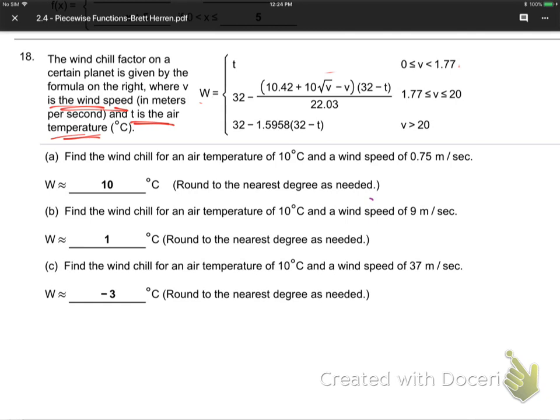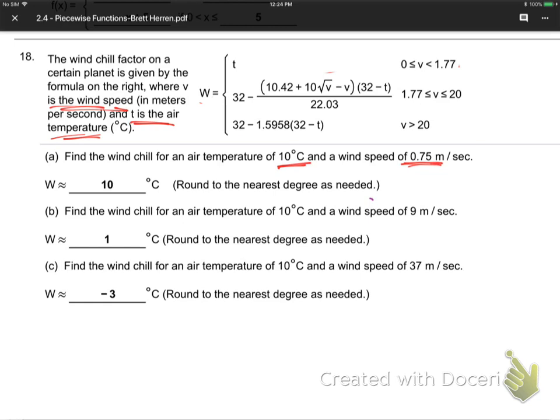So, suppose it's 10 degrees air temperature. Your thermometer on the wall says 10 degrees Celsius. And you don't live in California. Then what does it feel like? What's the wind chill if the wind is only blowing at 0.75 meters per second, not very fast? The wind's barely moving. So which one am I going to plug into?